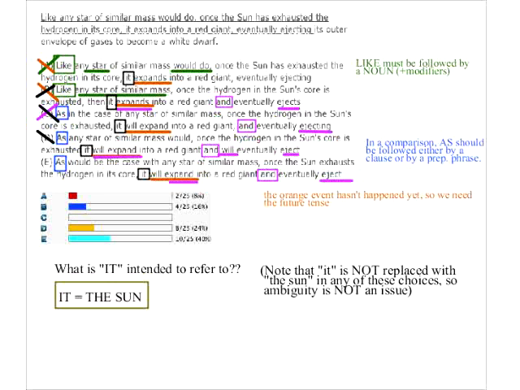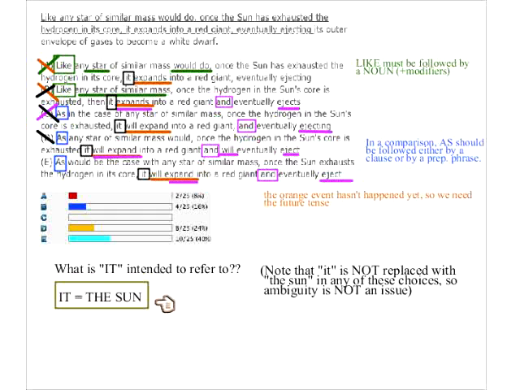Can anybody summarize quickly why? Okay, so some people are trying to actually assign that "it" to other nouns in B, C, and D. You don't want to do that because it's a waste of your time. We know that "it" is the sun.